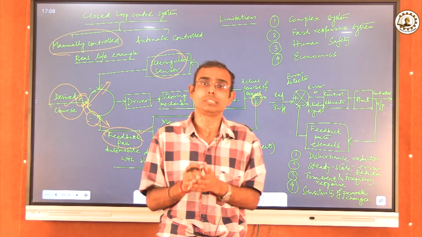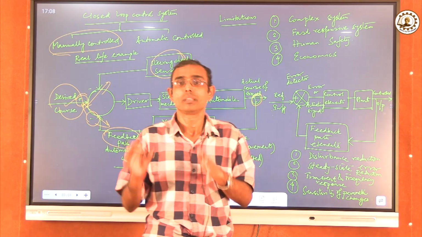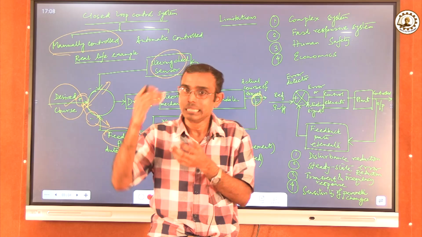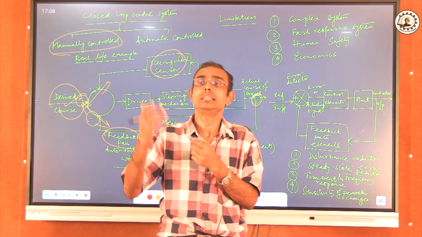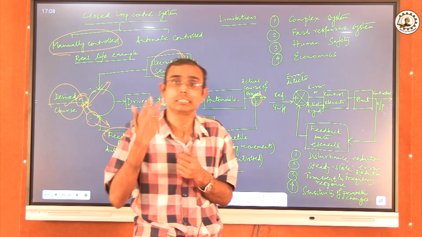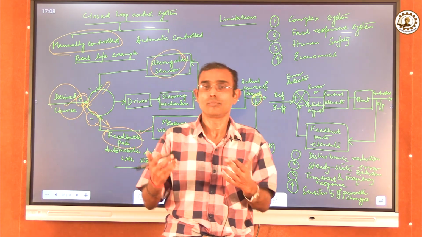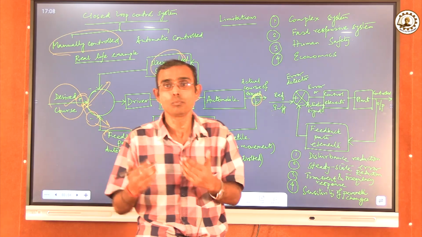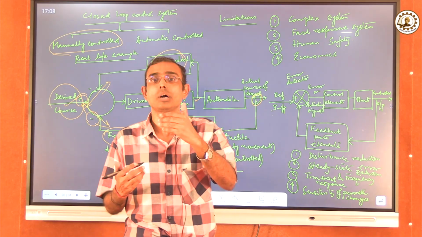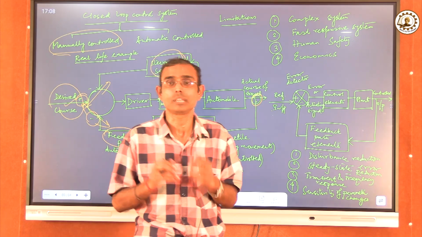So based on this logic, accordingly the timer will be set in either direction, and this setting of the timer is also supported by the feedback from the output. That means how much traffic is moving in either direction through the crossing for a certain period of time.